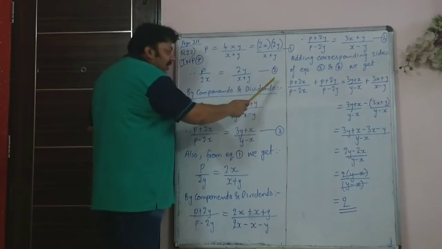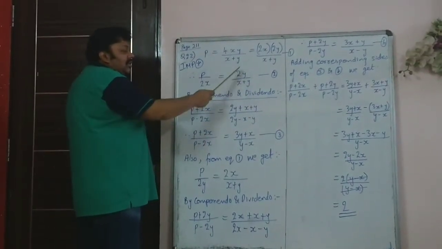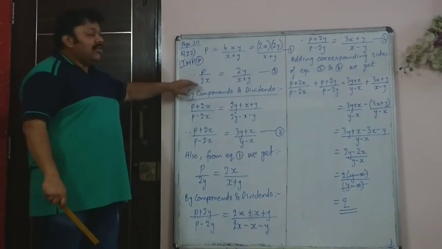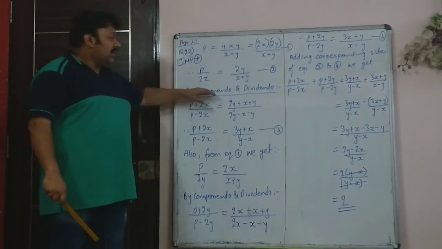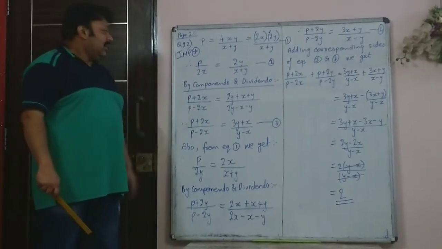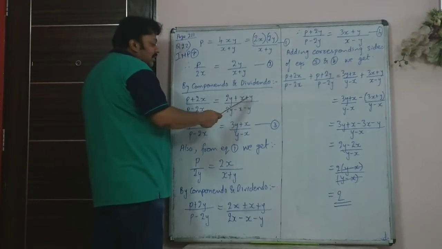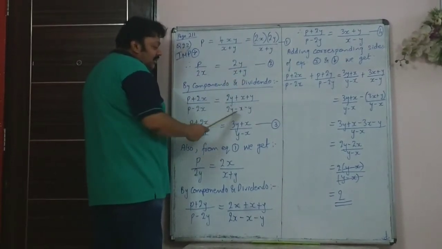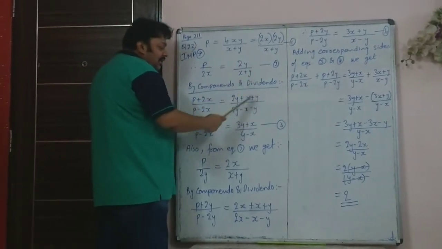That will be 2y upon x plus y, that is remaining. So now once I have written the expression like this, if I do a componendo and dividendo on both the sides, then I will get p plus 2x upon p minus 2x. And on the right hand side I am writing 2y plus x plus y, and in the denominator 2y minus the entire denominator.